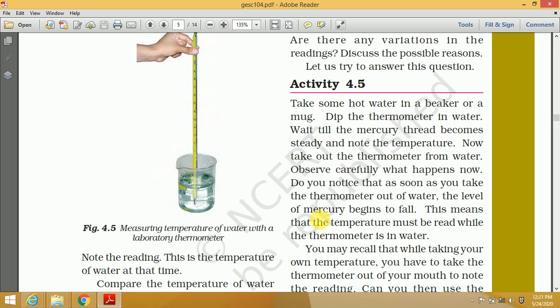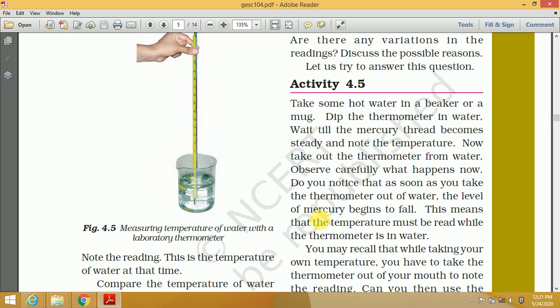You have to take out the thermometer from your mouth, and then you have to hold it in your hand, and then you have to take the reading of the clinical thermometer. So it means in clinical thermometer, the mercury level does not fall by its own, but in case of laboratory thermometer, the mercury level will fall by its own.